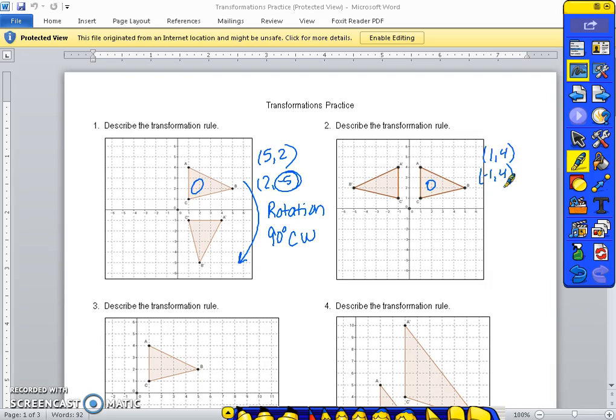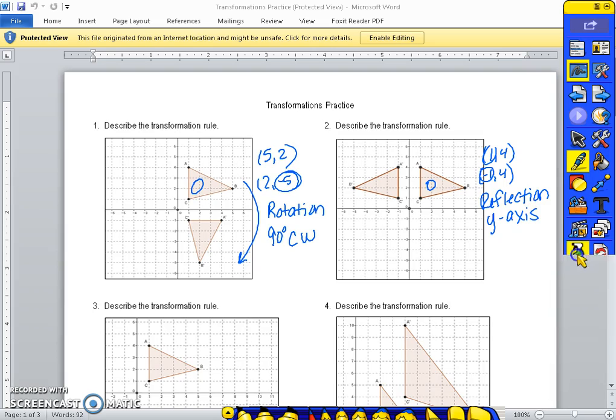My numbers did not flip, so it's not a 90-degree rotation. Both numbers did not change signs, so it's not 180 degrees. The x changed, so if the x is the only thing that we changed the sign of and we left the y alone, then that's a reflection across the y-axis. When you leave the y alone, you're reflecting across the y-axis.